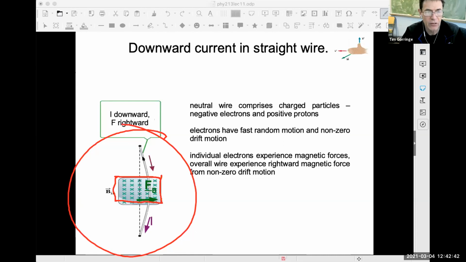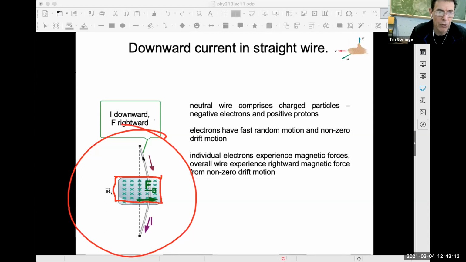Again, the answer is that that neutral wire is packed full of positive protons and negative electrons. Positive protons in slow motion, negative electrons in rapid motion. The electrons have two components to their motion. They have that fast random motion, and they have a slower drift motion. Those electrons and protons are experiencing magnetic forces.